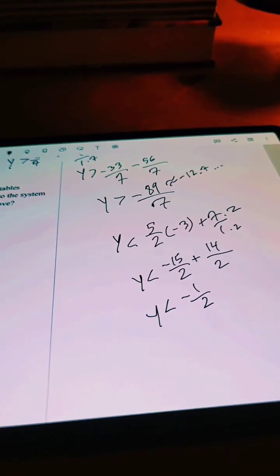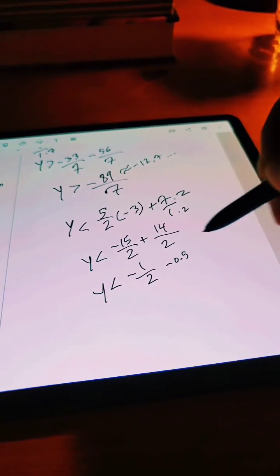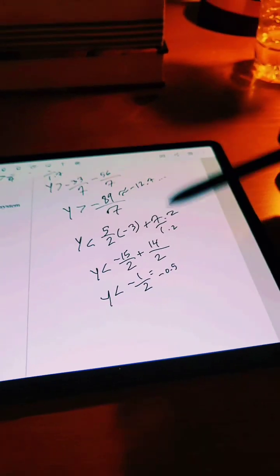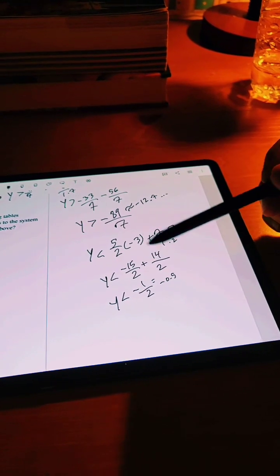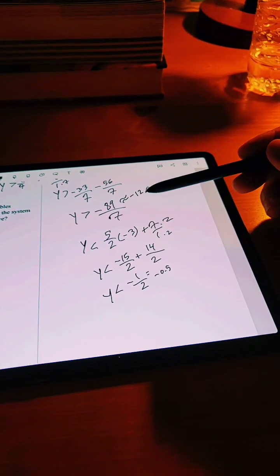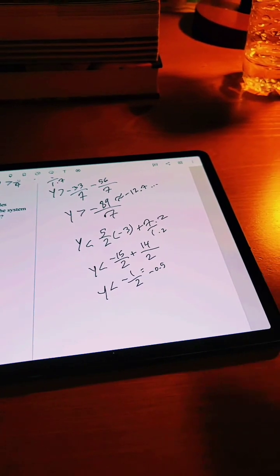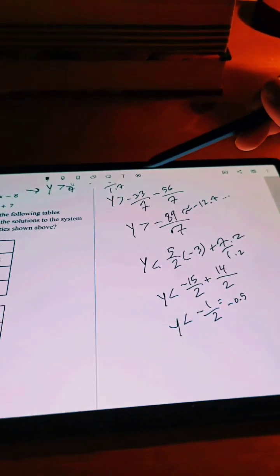And then this one is negative 0.5. So y has to be a value that's less than negative 0.5, but greater than negative 12.7. So basically in between those.